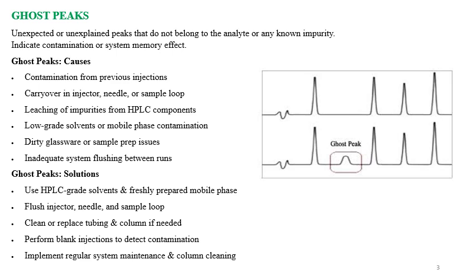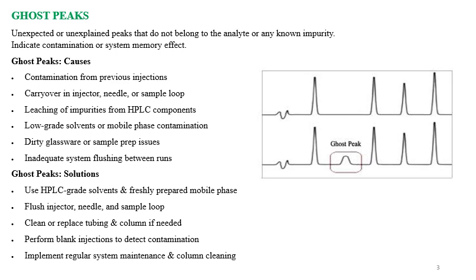So what are the solutions? Using HPLC grade solvents and freshly prepared mobile phase will solve the problem of ghost peaks many of the times. Then flushing of the injector, needle and sample loop, cleaning and replacing tubing and column if needed, and performing blank injections to detect the contamination. Many of the times a blank is run to understand the contamination and to prevent the appearance of the ghost peak.